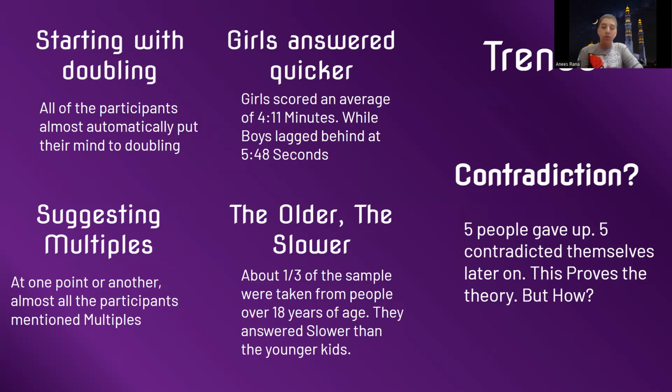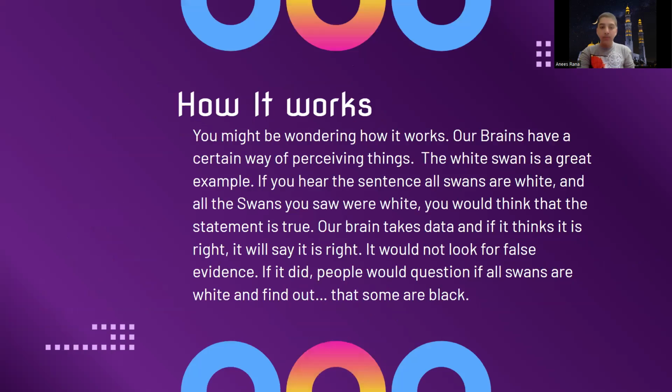And now, let's move on to the contradiction. 5 people gave up. 5 people contradicted themselves later on. This proves a theory, but you may be wondering how. Our brains have a certain way of perceiving things. The white swan is a great example.